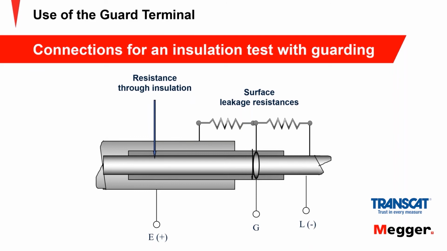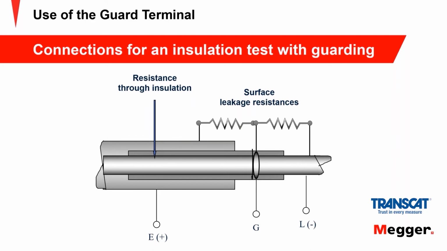Now that will collect all the current that's traveling across the surface and shunt that back to your measurement module, which removes it from the reading and only looks at how much current is going through the insulation.